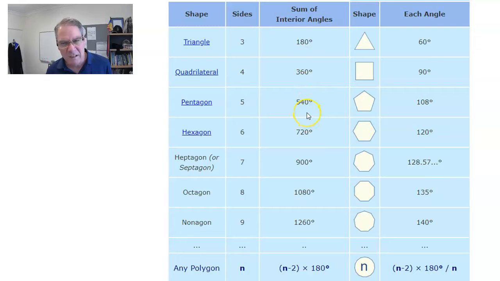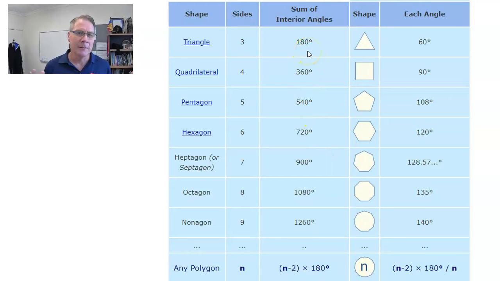Bang. 3 times. So 1 times 180, 2 times 180, 3 times 180. You guessed it: 4 times 180, 5 times 180. Okay, yeah, that's correct. There seems to be a pattern.